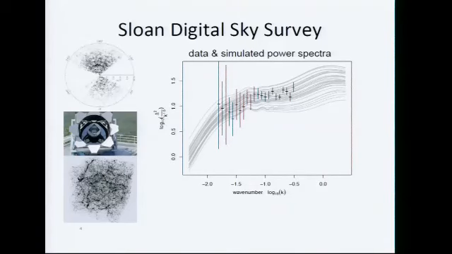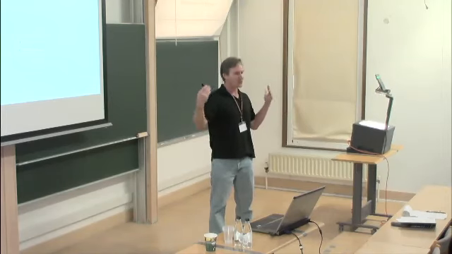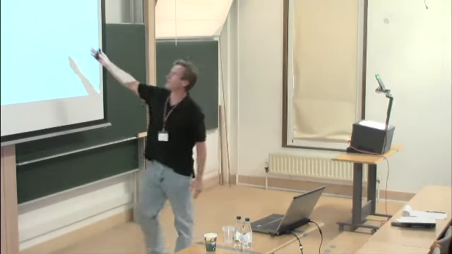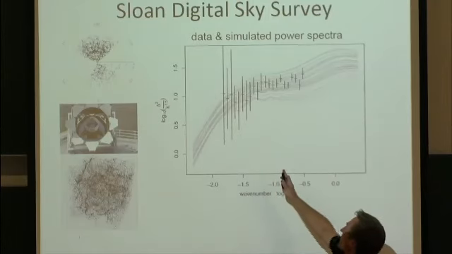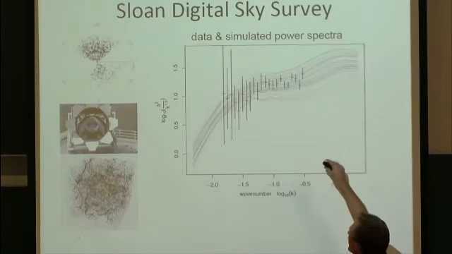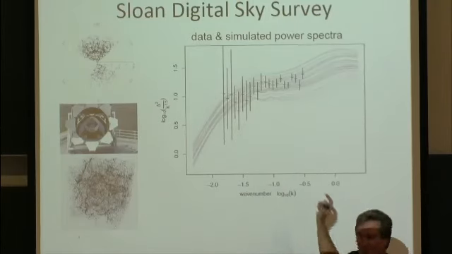It's important to realize that this is as a function of wave number. Over here we have things that are separated by large distances, so this is very large scale stuff when k is small. And as the wave number gets larger and larger, you tend to be talking about things at shorter distances.